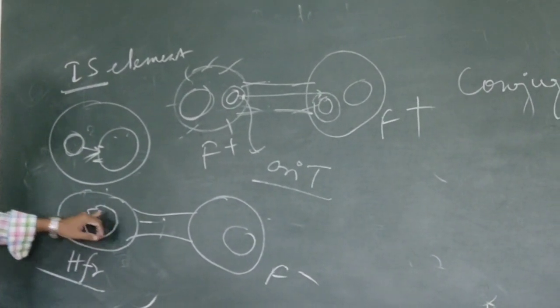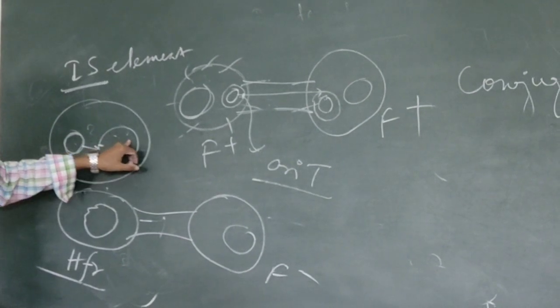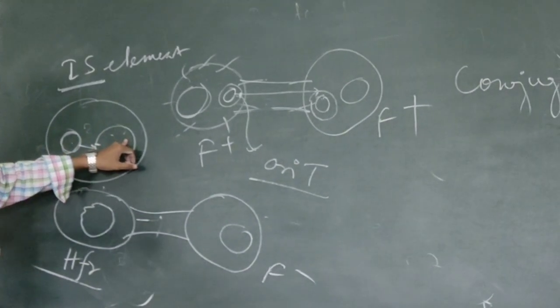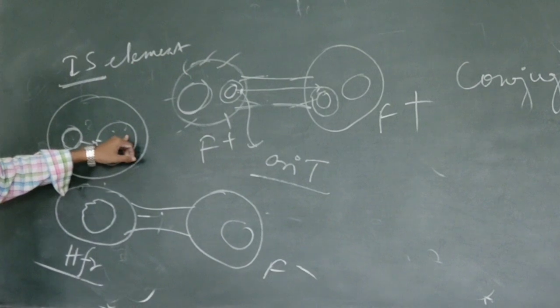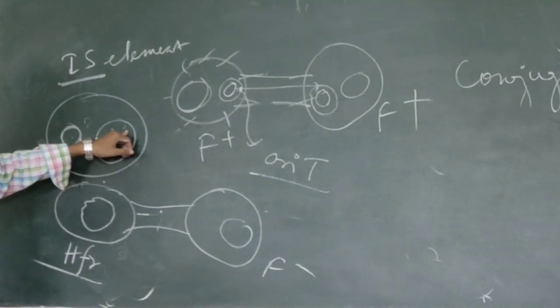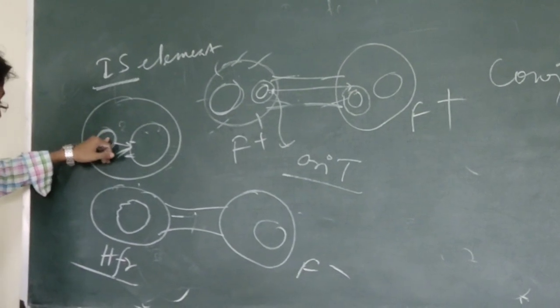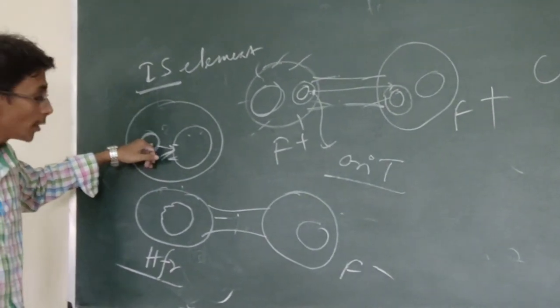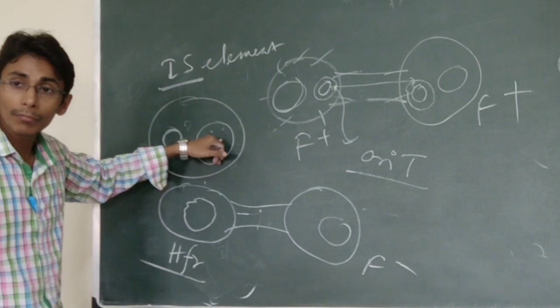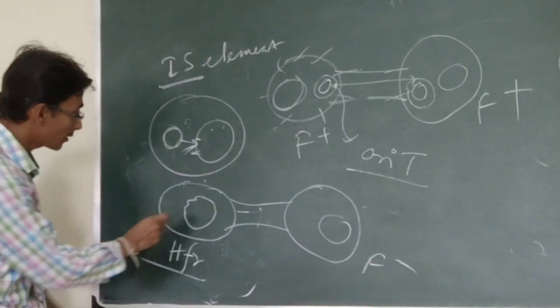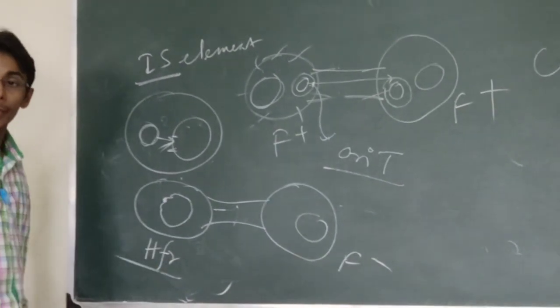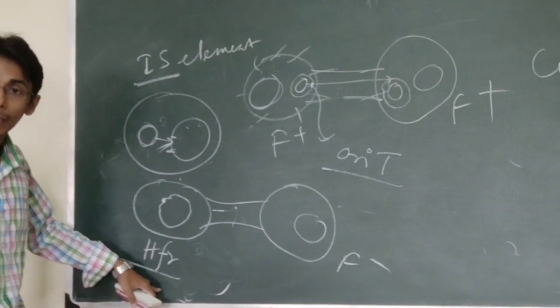That's why first of all the plasmid is inserted into the bacterial genome, if the bacterial genome wants to be transferred into the recipient cell. So the plasmid is inserted first into the bacterial chromosome, and the origin is also present there in the plasmid, in the HFR cell, right?